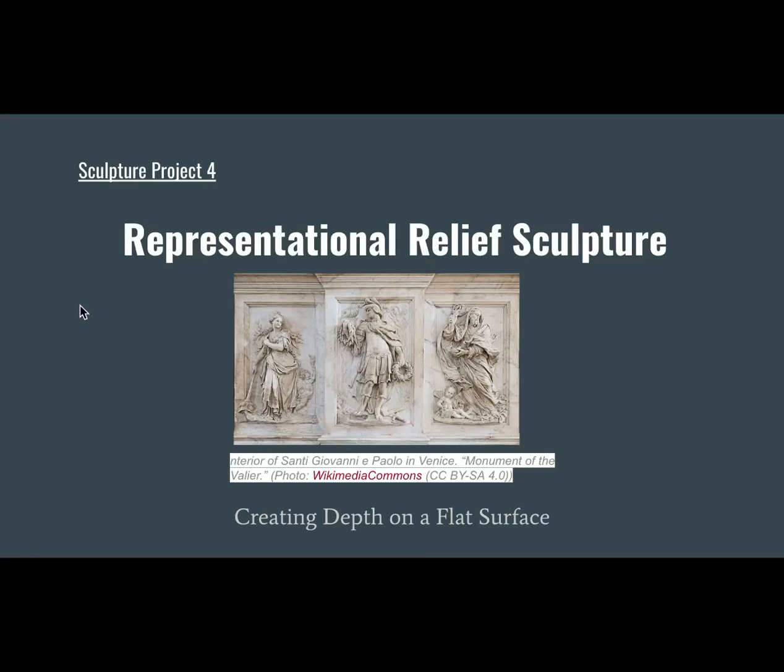This week we are going to work on representational relief sculptures, and this is your fourth project for the class. For this project, we're looking at an image of a traditional relief sculpture, and that is something that is either reductive, carved out of normally a stone, in this case marble, or additive.